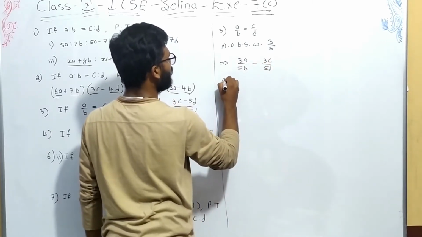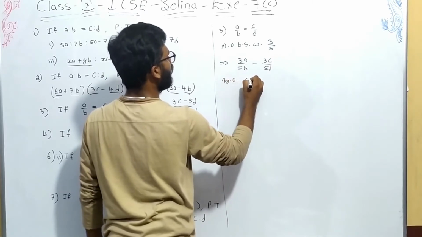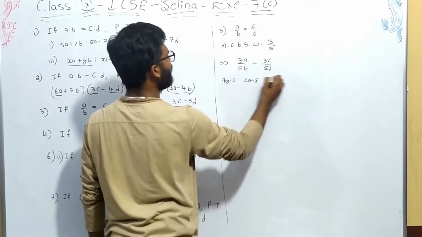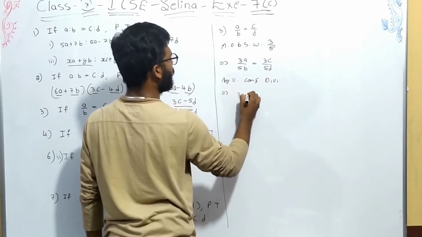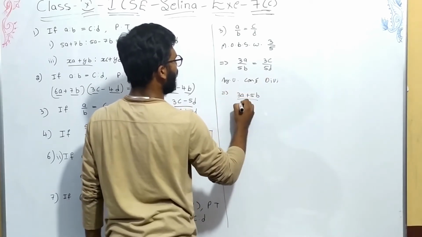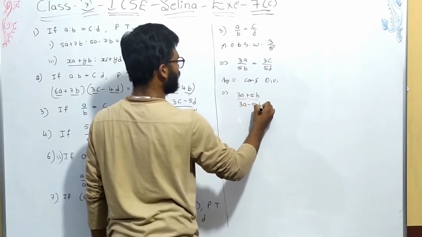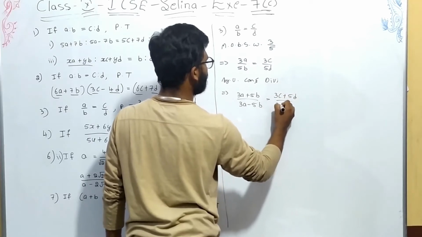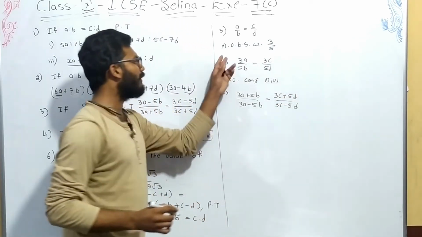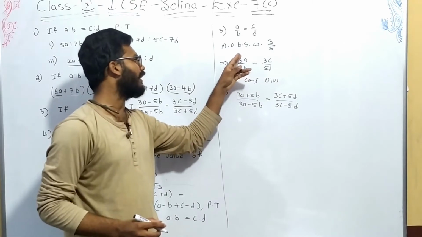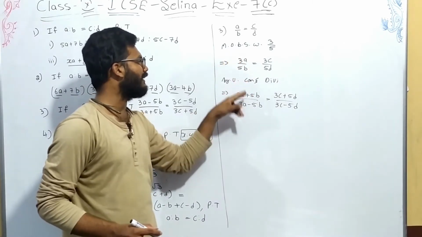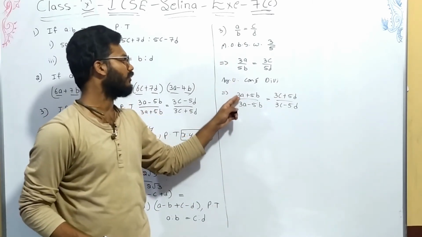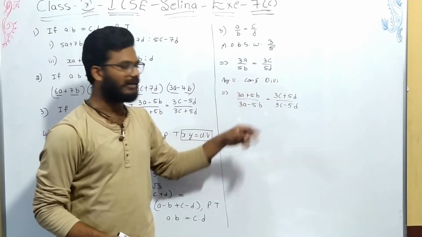Now by using componendo and dividendo, what can I say? 3a plus 5b by 3a minus 5b is equal to 3c plus 5d by 3c minus 5d, right? a by b is equal to c by d implies a plus b by a minus b is equal to c plus d by c minus d, or else numerator plus denominator by numerator minus denominator.